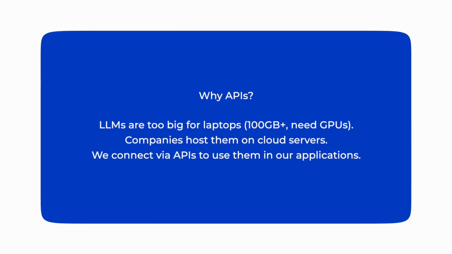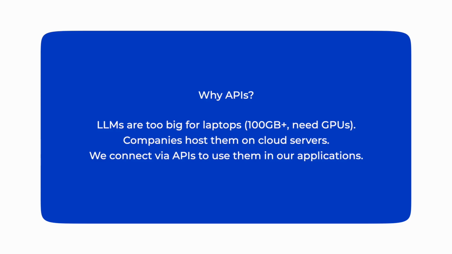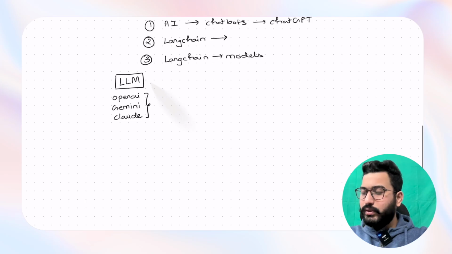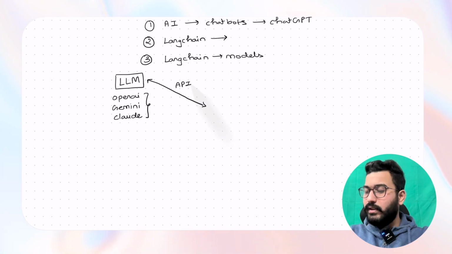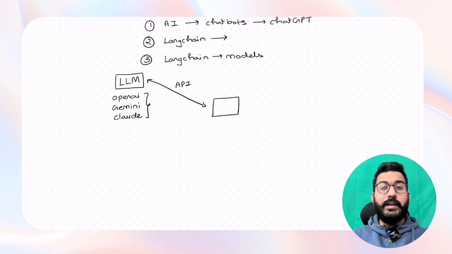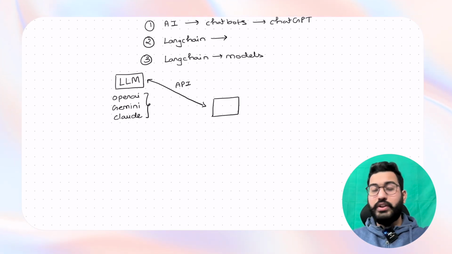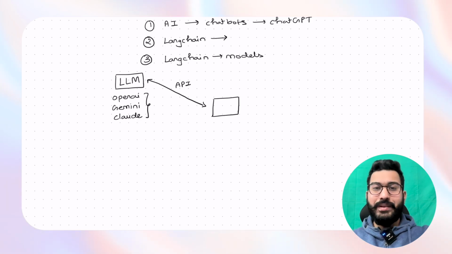That is the reason all these companies or LLM providers allowed developers to connect with the LLM using something known as an API. If this is your machine or Python application, you will be able to connect your application with the LLM using the API.